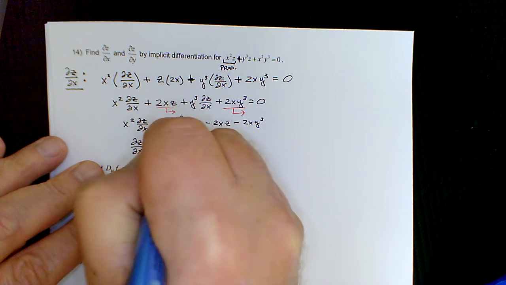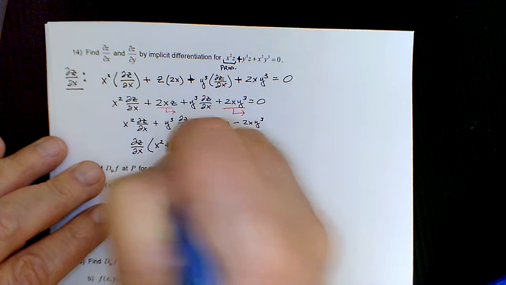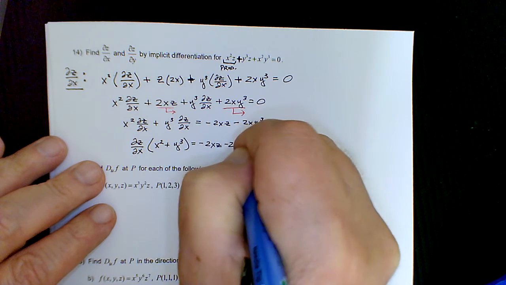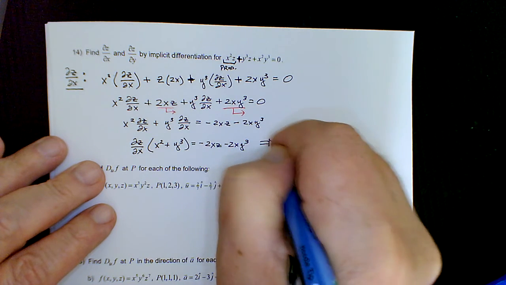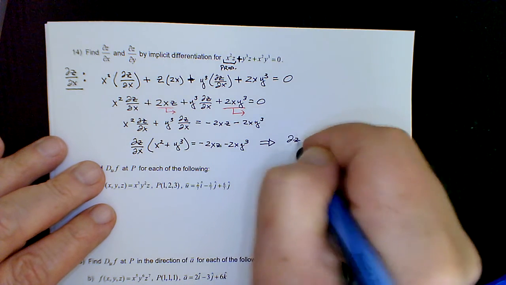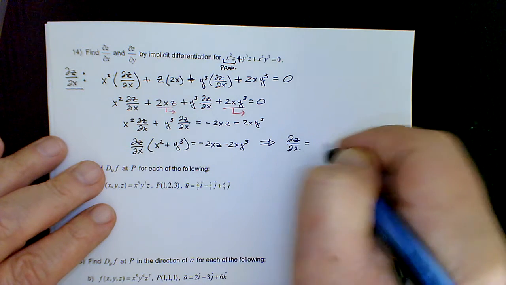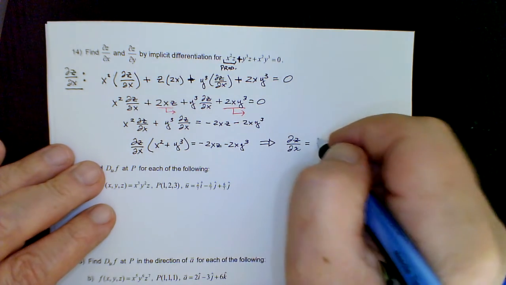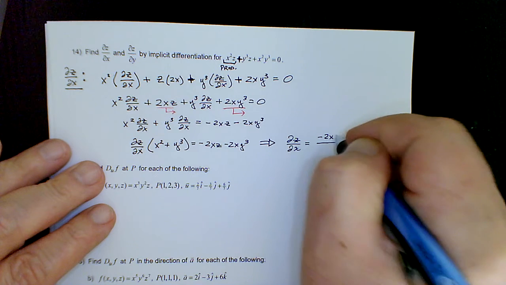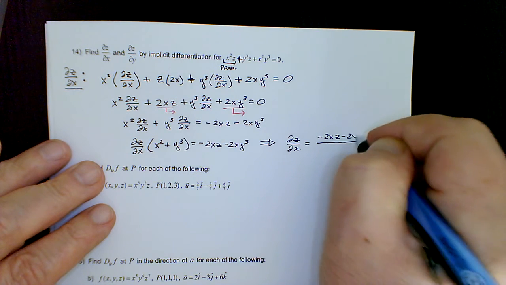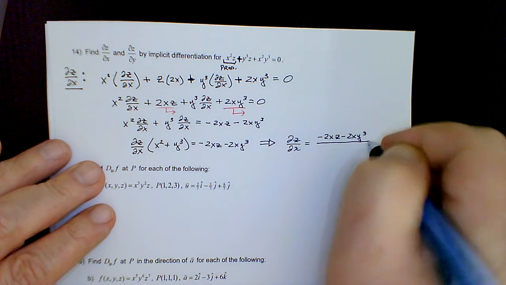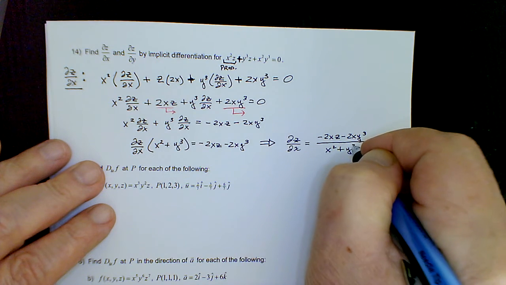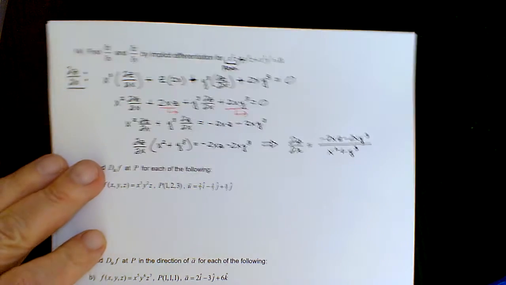So that times x squared plus y cubed on the left is equal to, just recopy what's on the right. And then finally, to solve for the partial of z with respect to x, we just divide both sides by what's in parentheses on the left. So what's on the right is the numerator of a fraction, and what's on the left in parentheses is the denominator of that fraction.